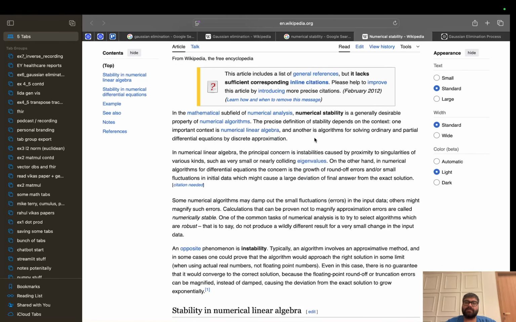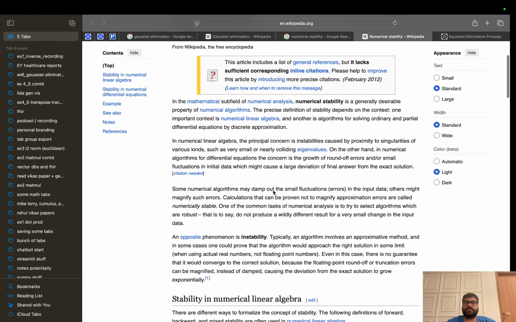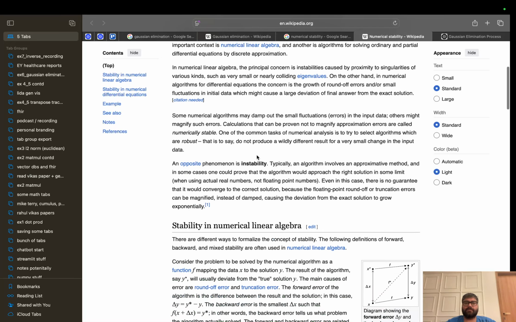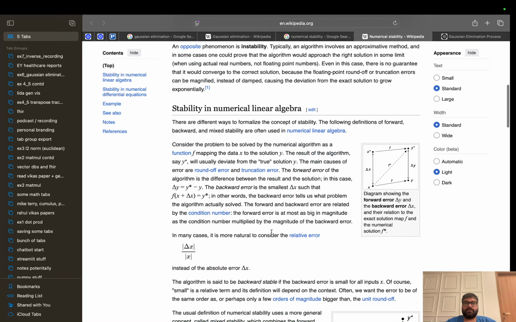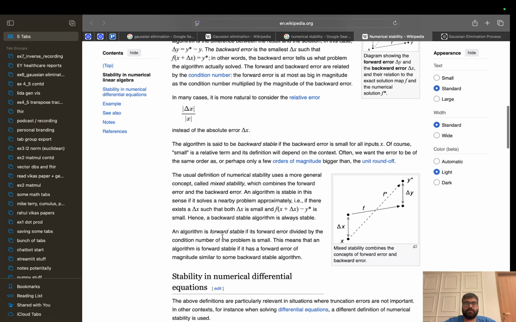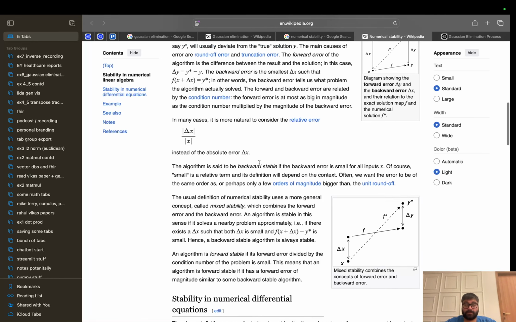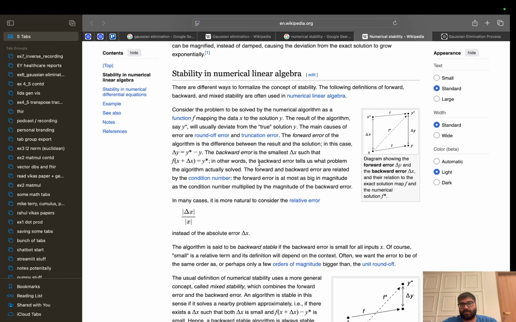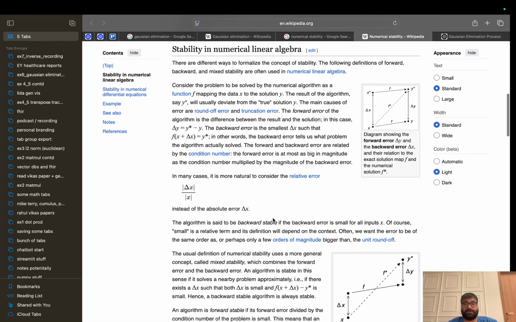One is another algorithm for solving ordinary and partial differential equations by discrete approximation. Okay, wow, this is a lot. This is the problem with trying to learn math from Wikipedia. Sometimes they just throw so much info at you and are very specific with terminology that it can be hard to parse.